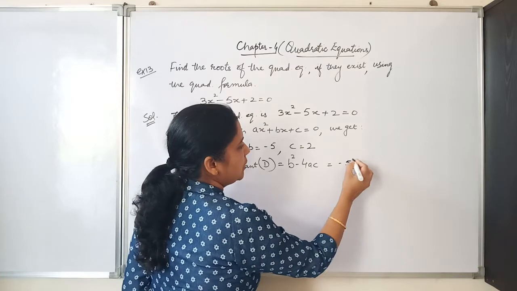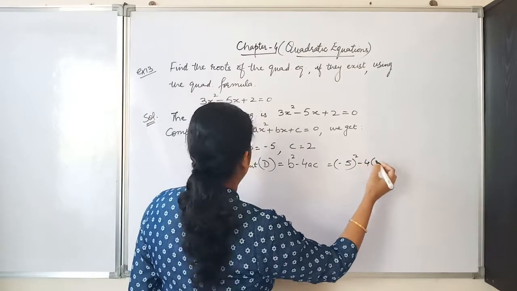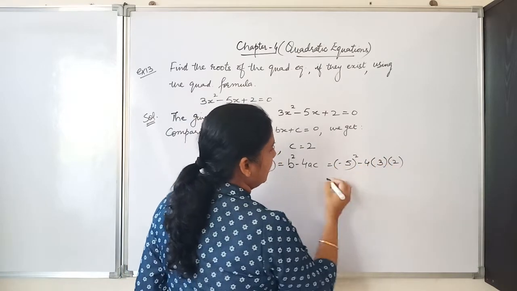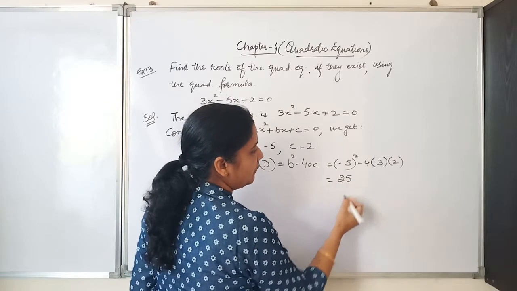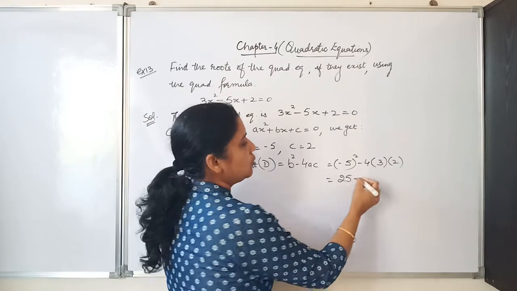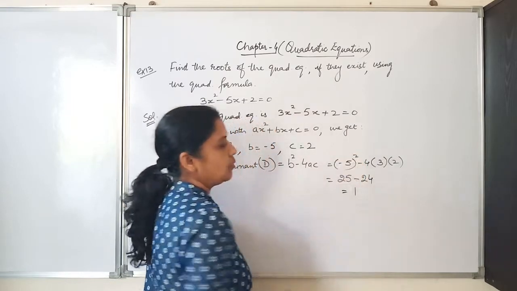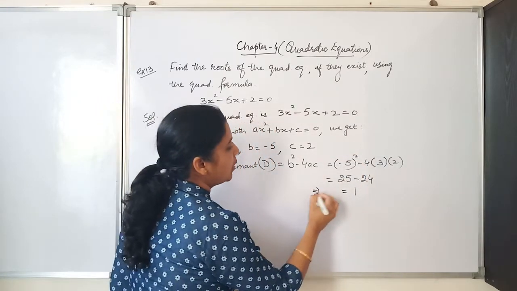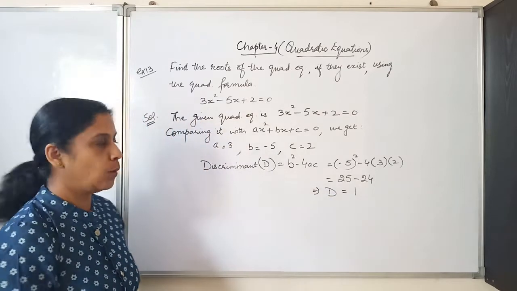Let's put down the values. Minus 5 square, 25, minus 4 into 3, 12, 12 twos are 24, is equal to 1. So you have got the value of D as 1.